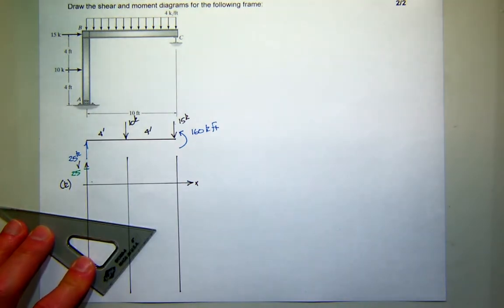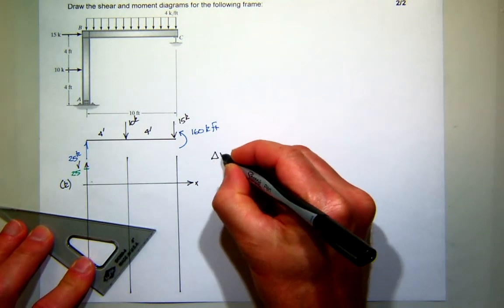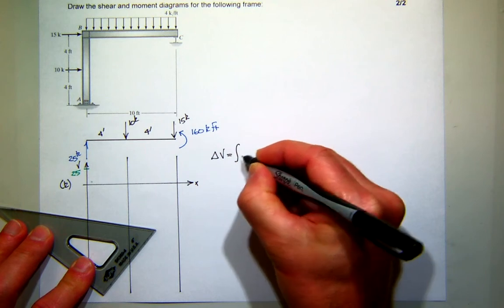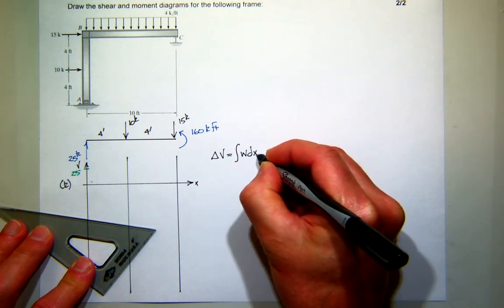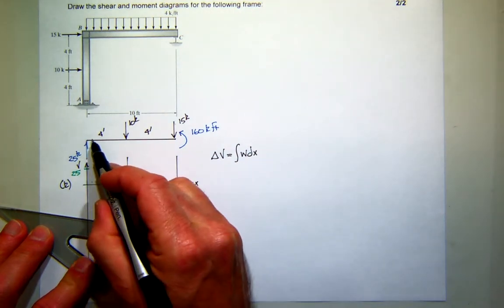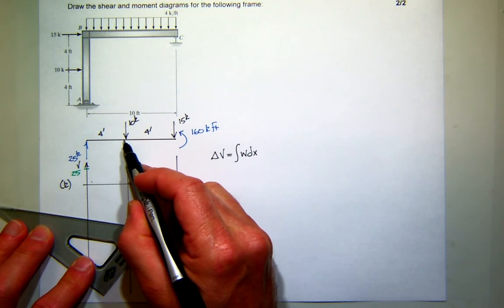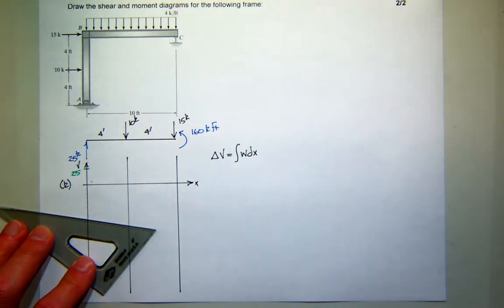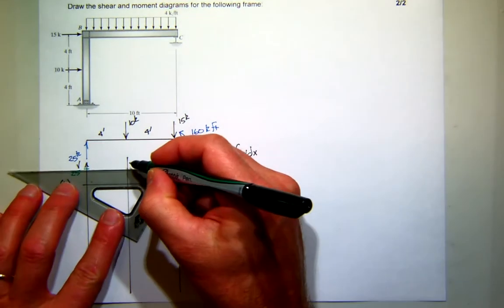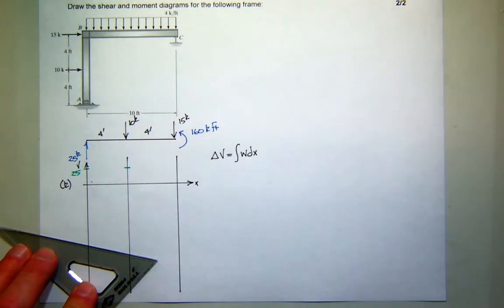Now remember, the change in shear is the area under the load diagram. So what's the area under the load diagram over the first 4 feet? 0. So there's no change. So my shear remains 25.